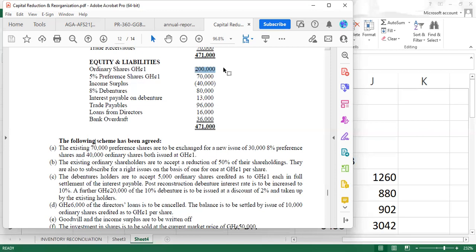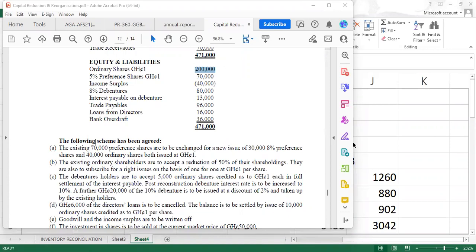The rights issue is made to the old shareholders, which is the 200,000 shares. So they made a rights issue 1-for-1, bring one old for one new. So they will still buy the 200,000 shares again at 1 cedi. So the entry for this one is cash or bank, which is 200,000.